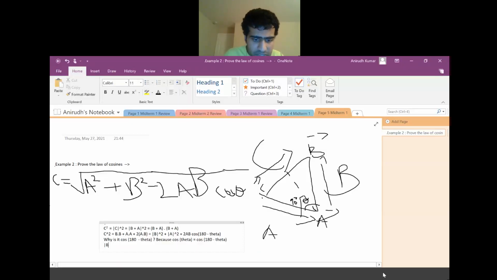So that is b square plus a square minus 2ba cosine theta. And that is how you use vectors to prove this particular law of cosines.